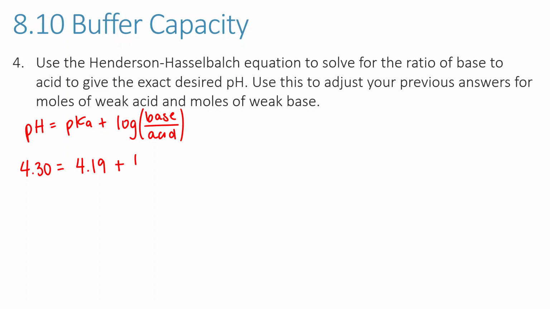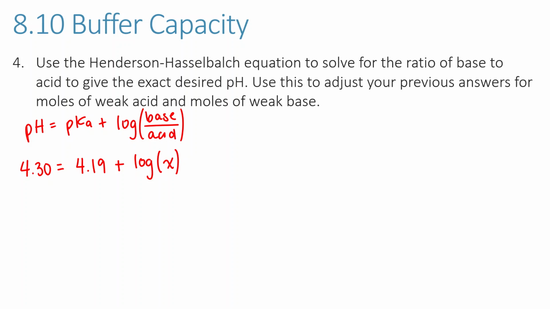So I'm going to put log, and I'm just going to put x here, because what I'm really solving for is what ratio of base to acid I need in order to adjust this 4.19 to the 4.30 that we're looking for here.